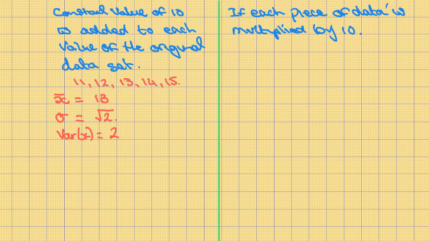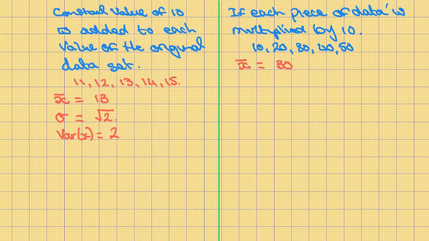Let's have a look at our new data set. Well, that would be 10, 20, 30, 40 and 50. Again, if you look at the data set, it is symmetrical around 30. So our mean x bar would be equal to 30.